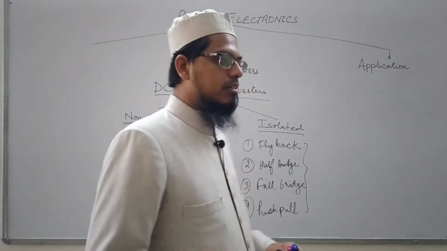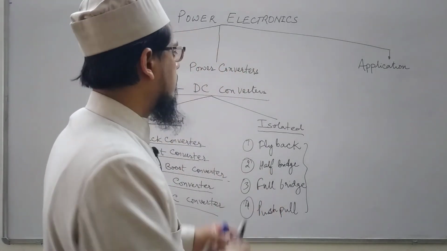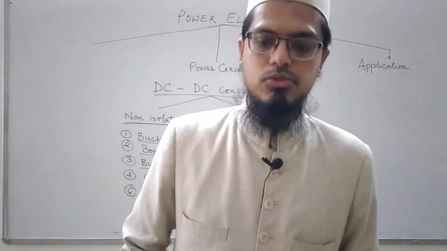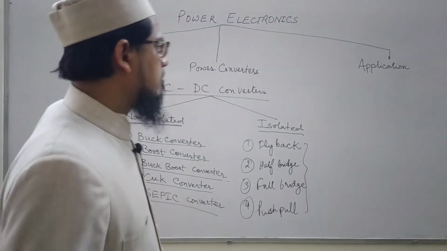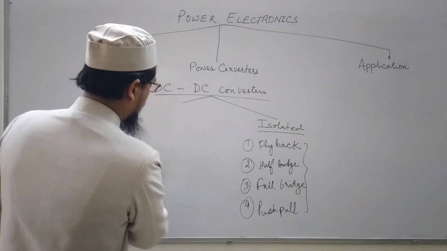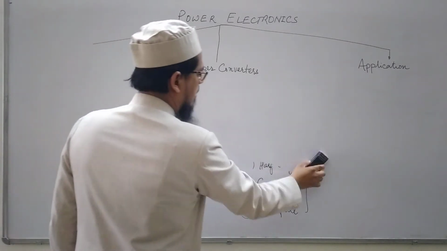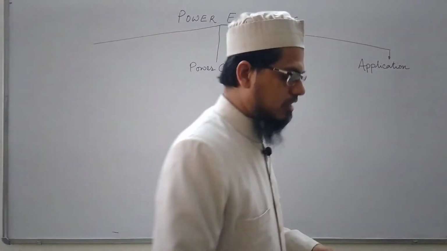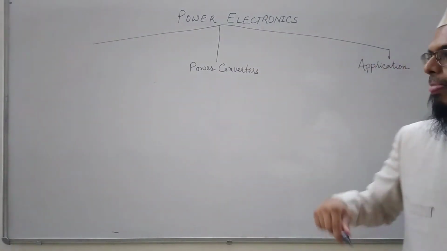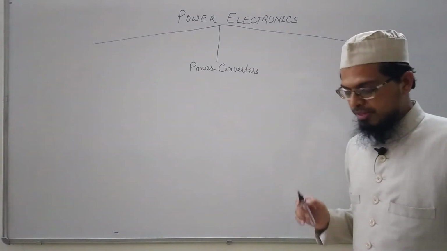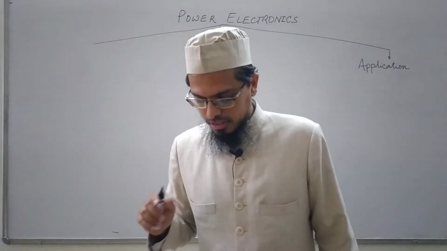Okay. So this is a broad classification of the various DC to DC converters that we have to study in this course. Now let us move to the application of power electronic converters. So should I discuss the inverters also?